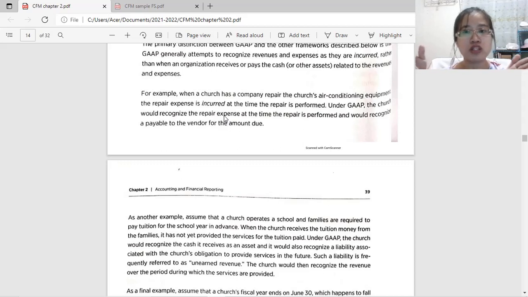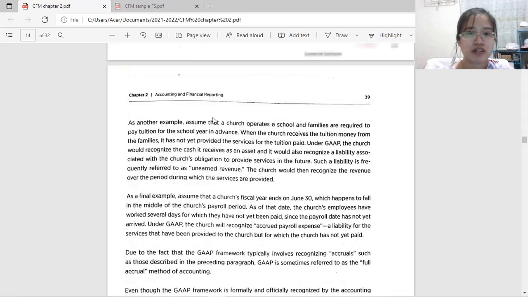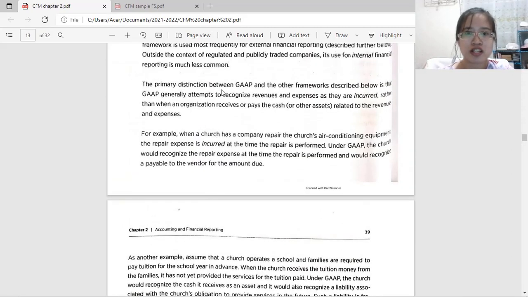So for example, utilities, the electricity has been used already, so there is an expense, although they are yet to pay because they're waiting for the bill or the statement of account, but essentially there's already an expense during that period. So that's the primary distinction of GAAP.